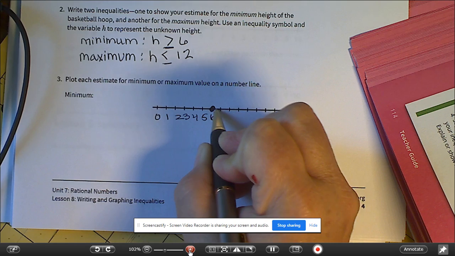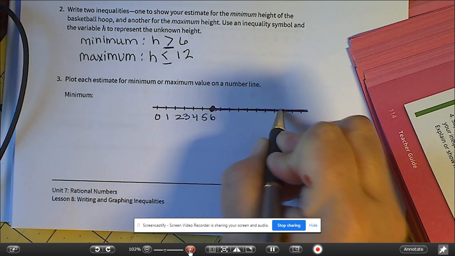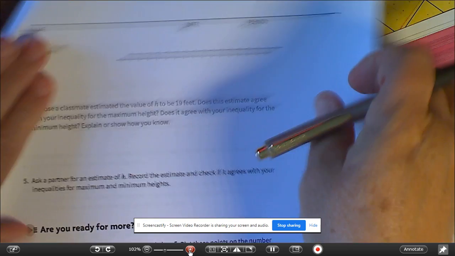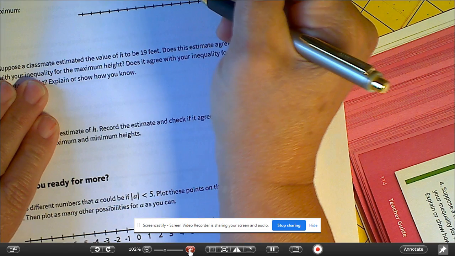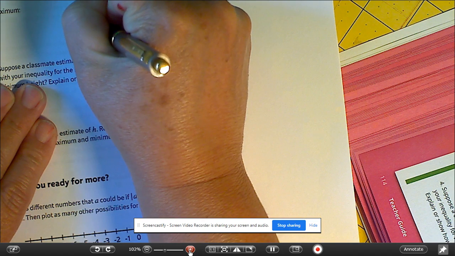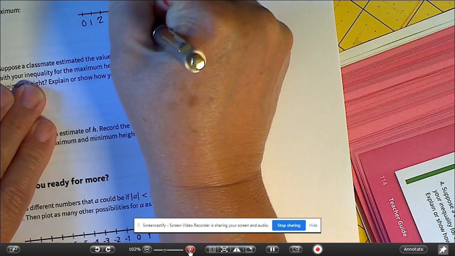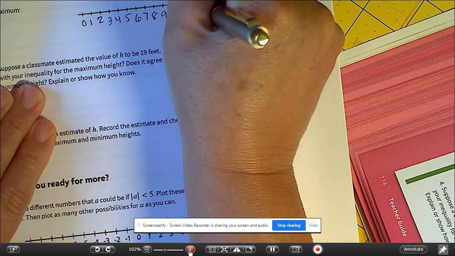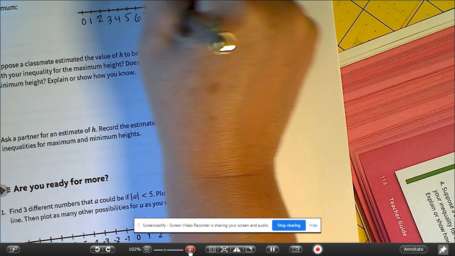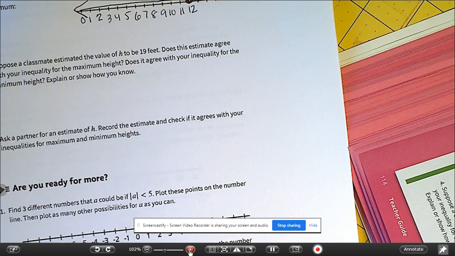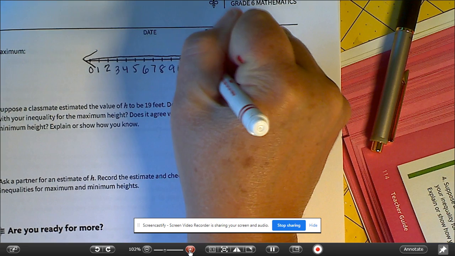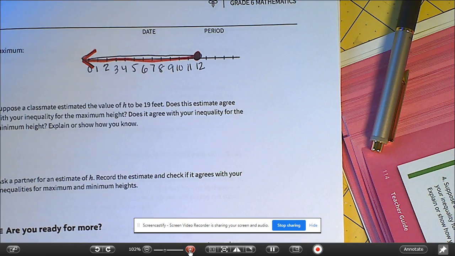That was the minimum, so it could be 6 feet or taller. And then the maximum was less than or equal to 12. So 1, 2, 3, 4, 5, 6, 7, 8, 9, 10, 11, 12. And it's going to be solid, so it could be equal to 12 or less, and that's going to go that way. So maybe that's easier to see.